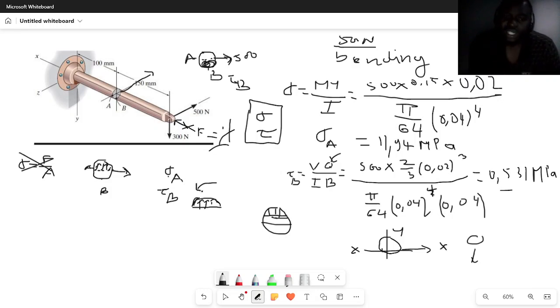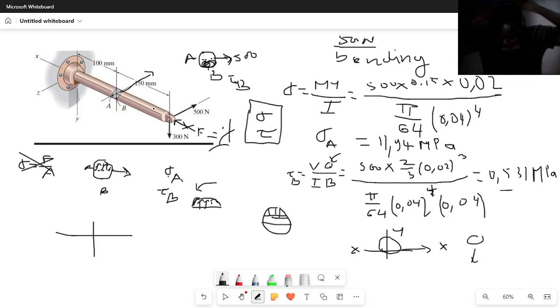Now what is the representation of the bending? Just by talking, I'm getting a new explanation on how we can make it easier.